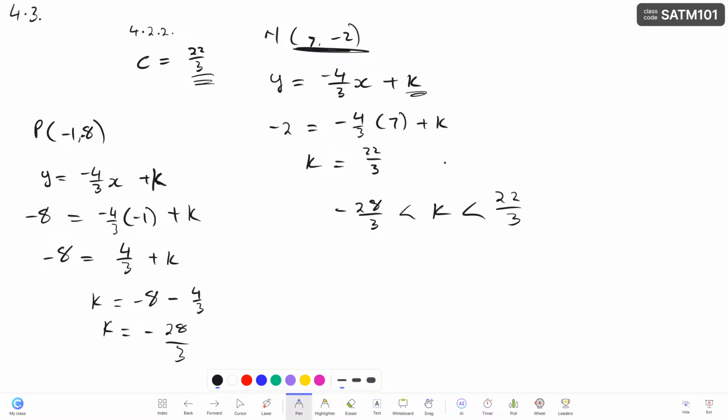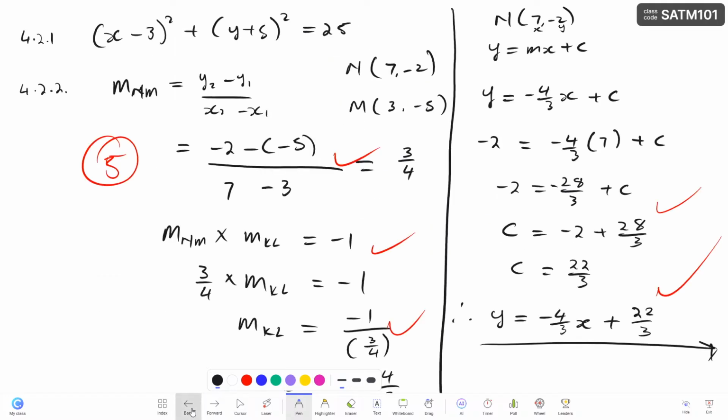So the values that will make this equation a secant are going to lie within this interval, but without including -28/3 and 22/3, because those are the intercepts. Those are the intercepts. So okay, let's go to the next question.